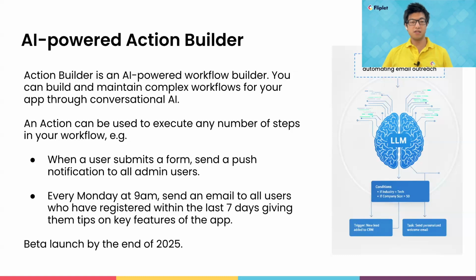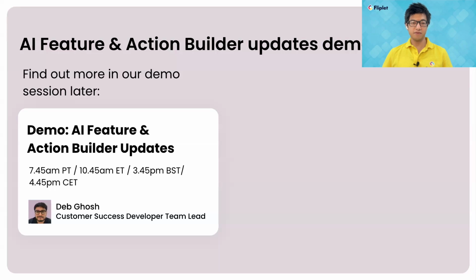That can be that when a user submits a form, a push notification can be sent to all the admin users. Or you can schedule it such that every Monday at 9 a.m., an email can be sent to all of the users who were registered in the past week, giving them tips on how to use the key features of the app. A beta launch of this feature will be ready by the end of 2025.